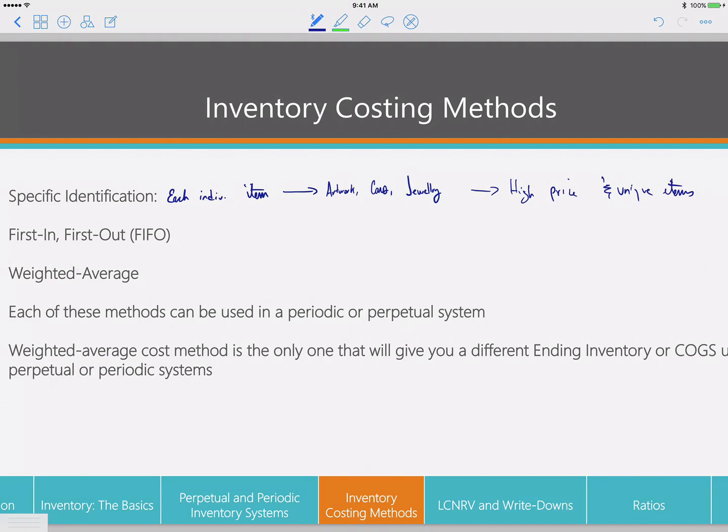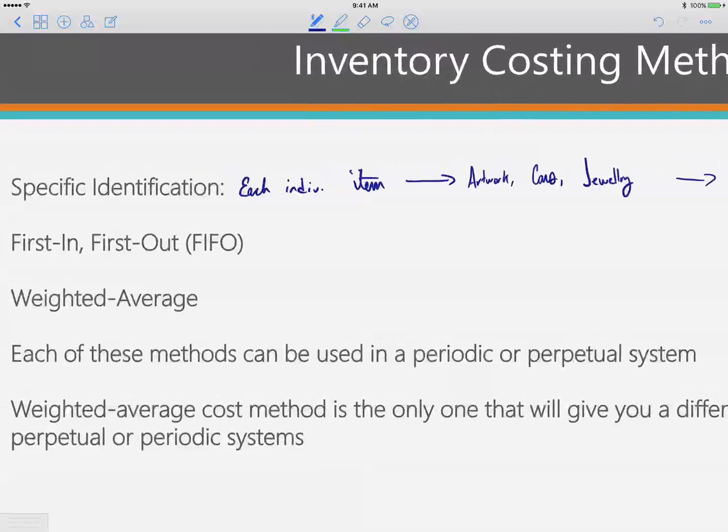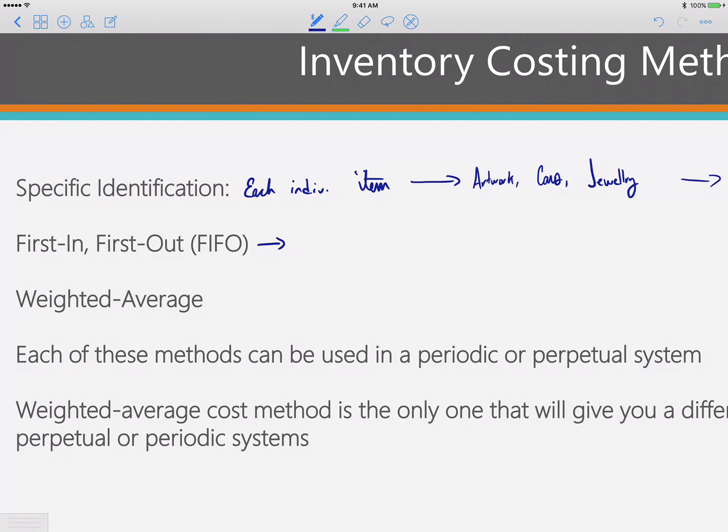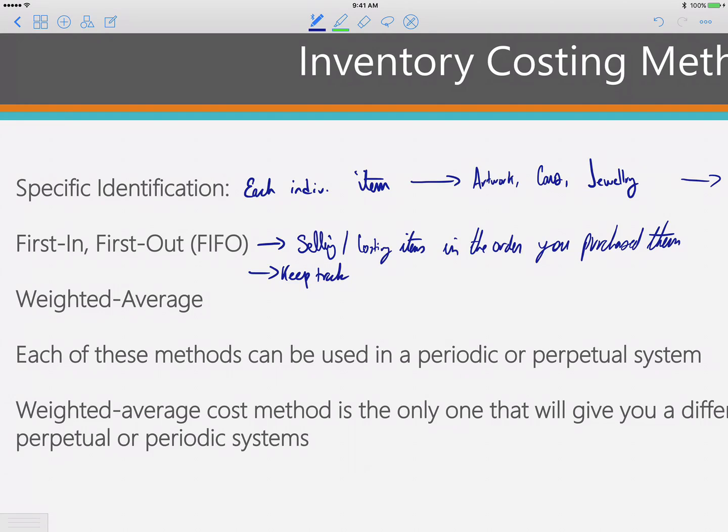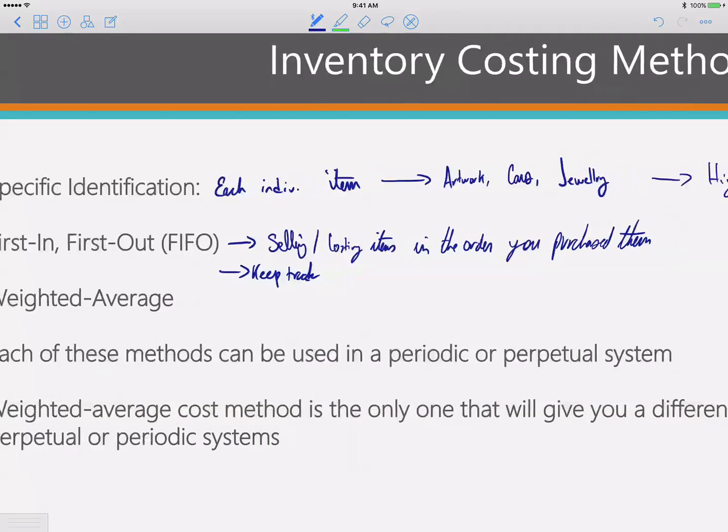We're now going to look at FIFO and weighted average, and these are a little bit different. Under FIFO, you base the cost, so you are selling and costing items in the order you purchase them. So what you would do is you would actually keep track of the order you purchased items in and how much you paid for them.